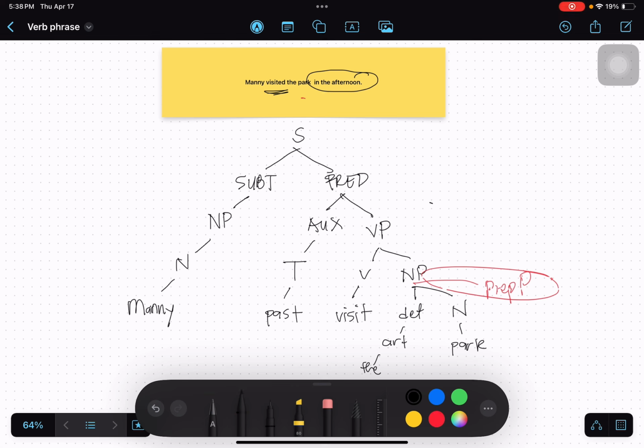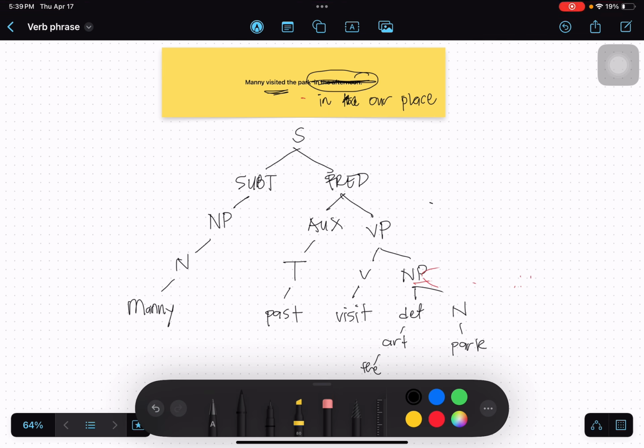But for example, if the sentence is "Manny visited the park in the town." In our place na lang. "In our place." In this case, if it's not "in the afternoon," but "Manny visited the park in our place," in that case, "in our place" will be the prepositional phrase. Visited the park. There we can enter the prepositional phrase.